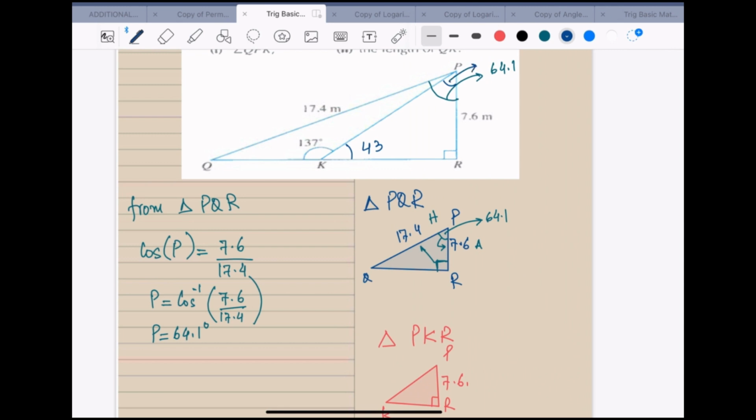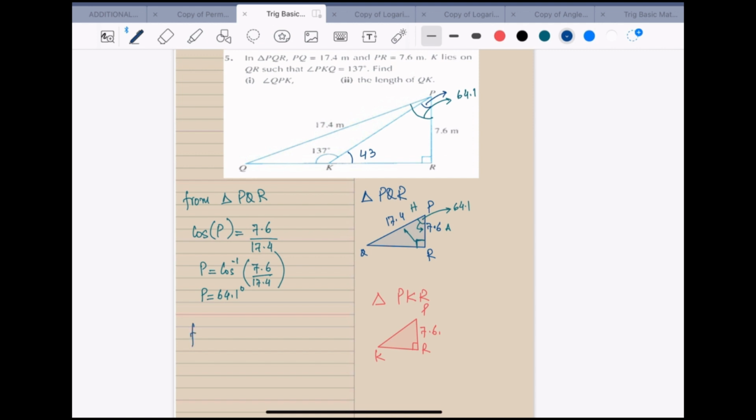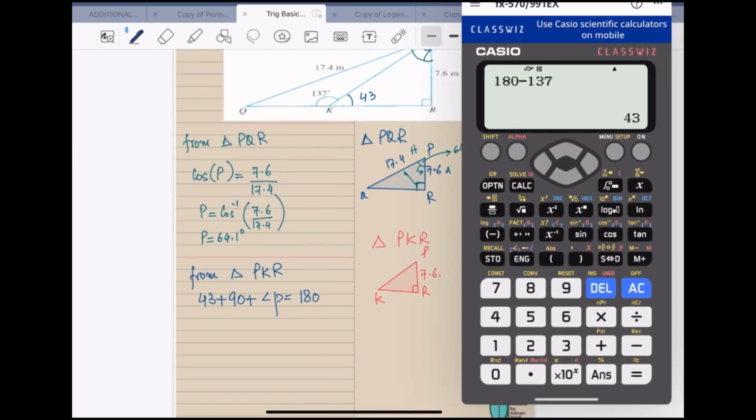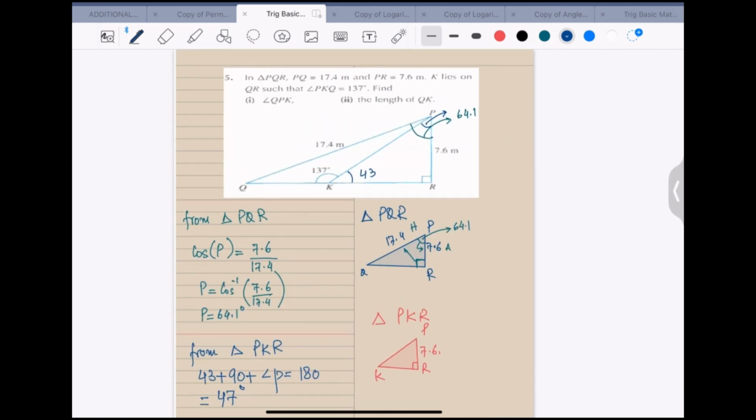From triangle PKR, I can say 43 degrees plus 90 degrees plus angle small p, I'm just naming it small p, is equal to 180 degrees. If I subtract both of the angles from 180, this is going to be 47 degrees. So this angle here is 47 degrees.